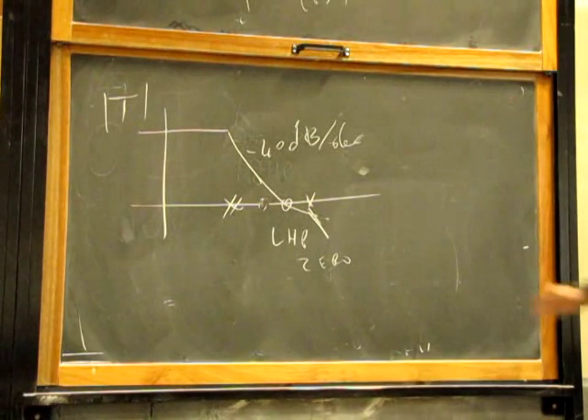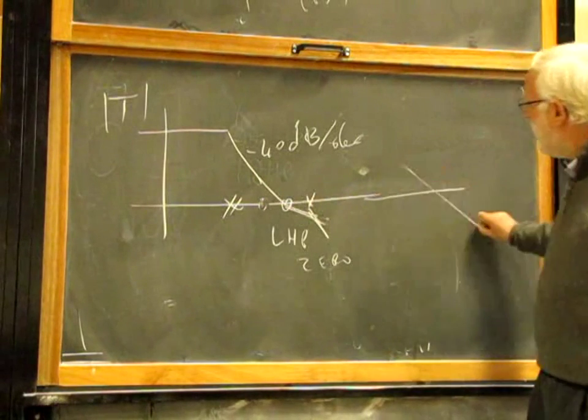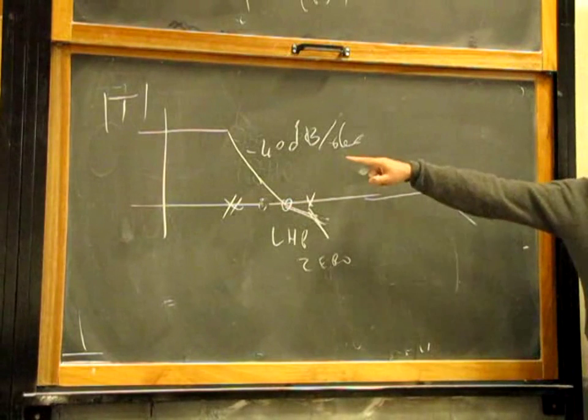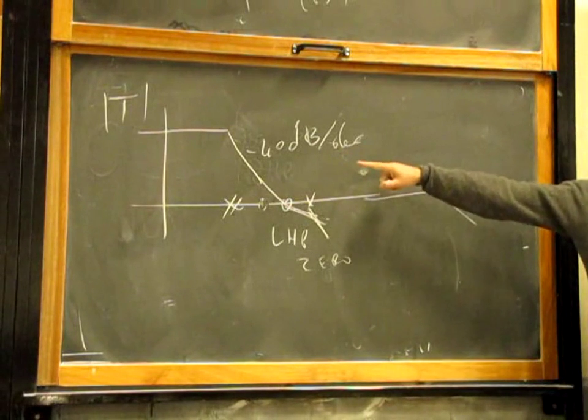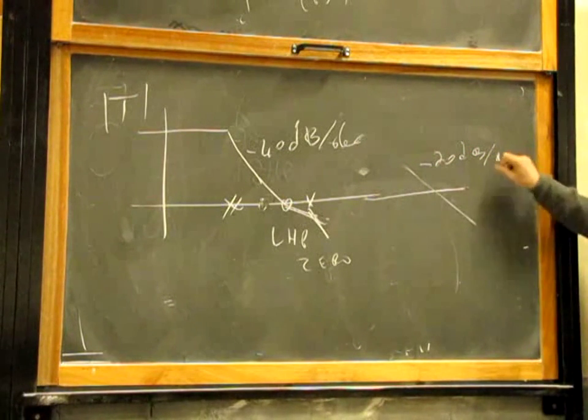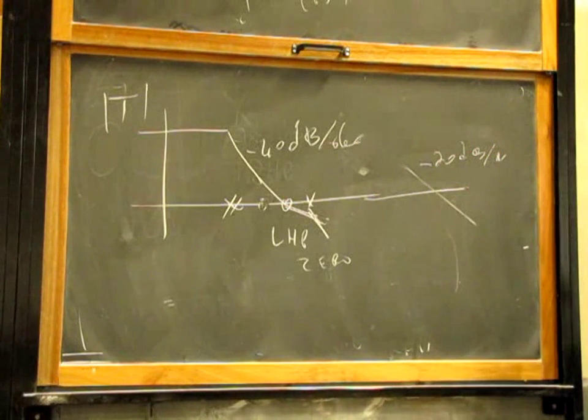Okay, if you learn that if you cross over with a slope of negative 40 dB per decade, it's unstable, and if you cross over with negative 20 dB per decade, it is stable, it's wrong. Maybe. So if a criterion tells you a maybe, it's useless.